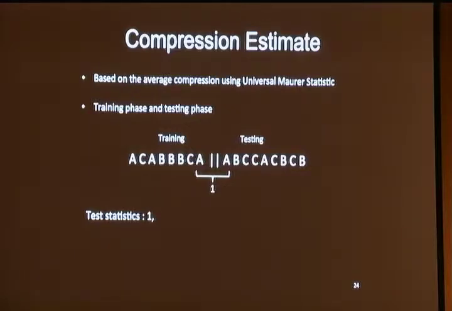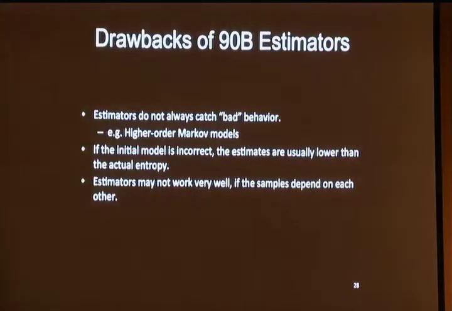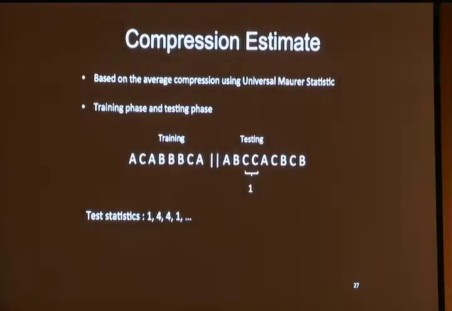We see that A was the previous value, so our test statistic is 1 here. Our next sample value is B, which appeared 4 samples before. Now our second test statistic is 4. And going on like this, C appears again, 4 samples before. Okay, so that's how we calculate the test statistics, and then we take the average and try to fit it to a near uniform distribution.